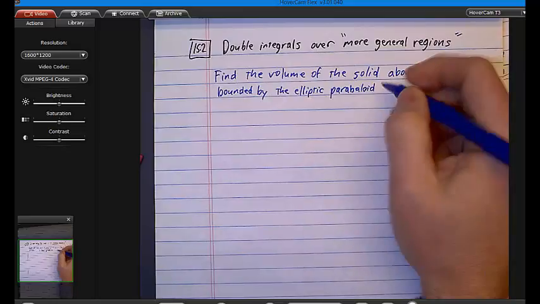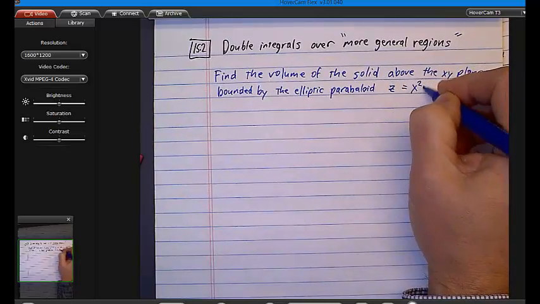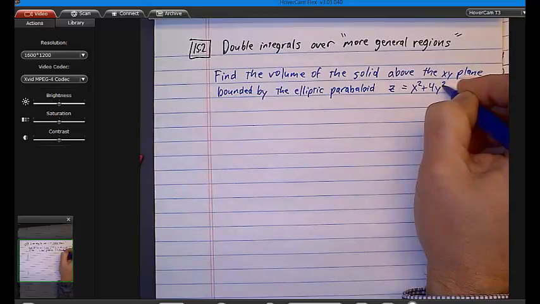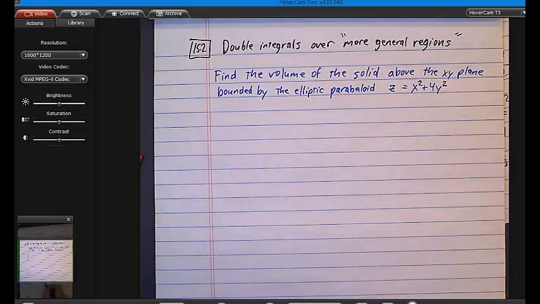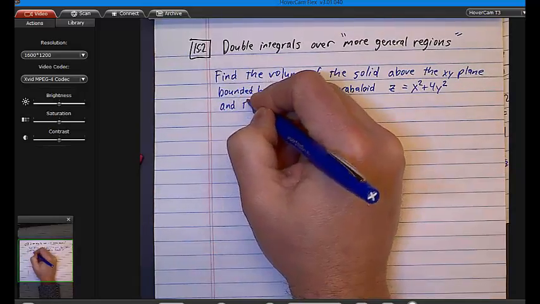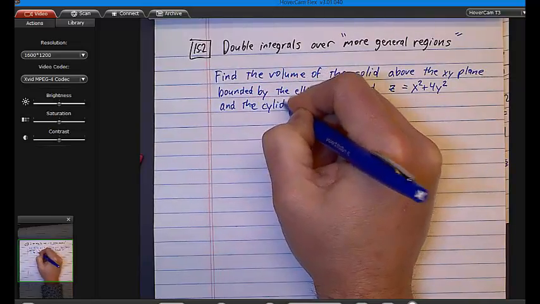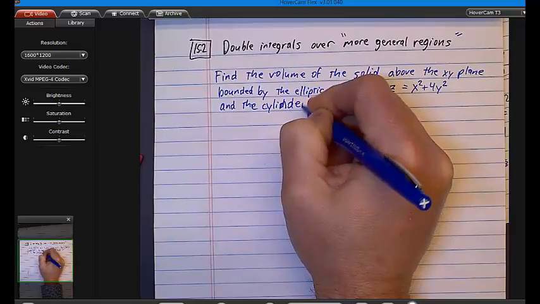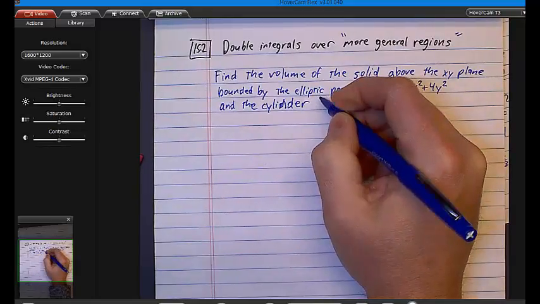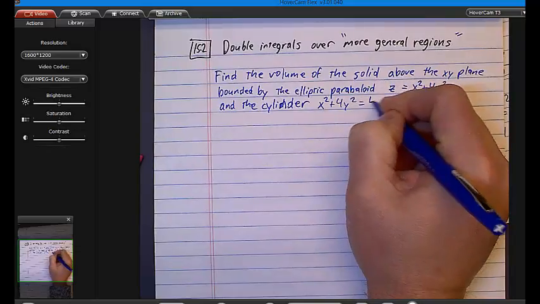So that equation would be z equals x squared plus 4y squared. Okay. And the cylinder x squared plus 4y squared equals 4.